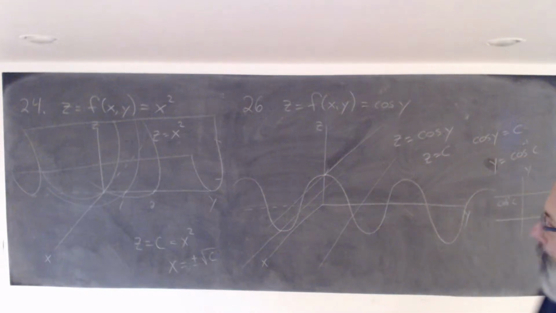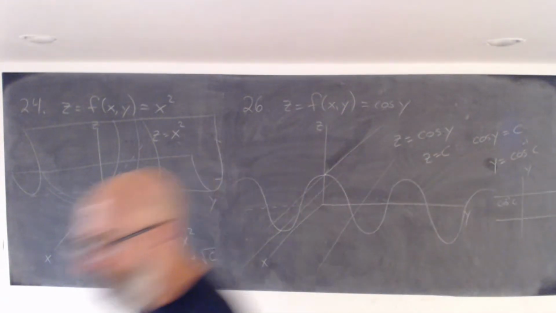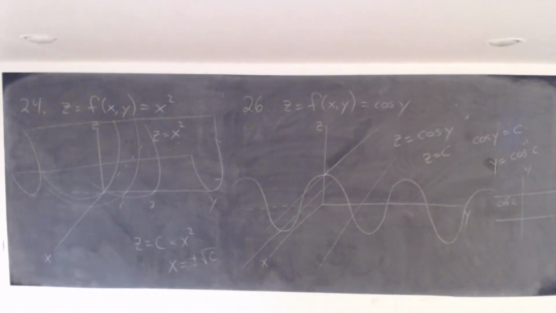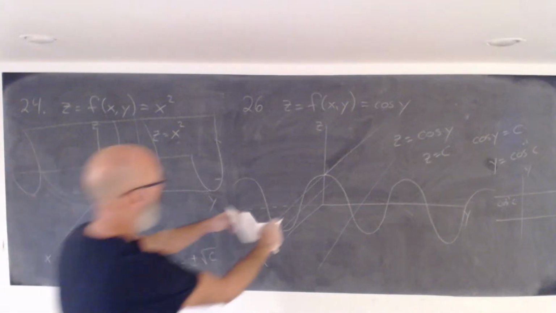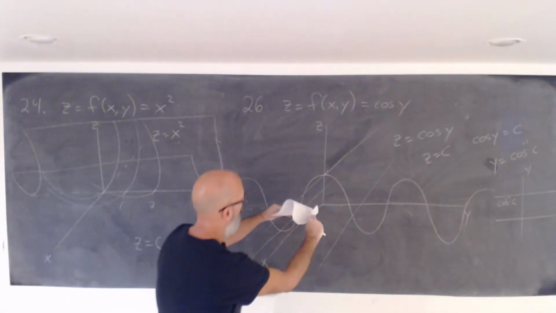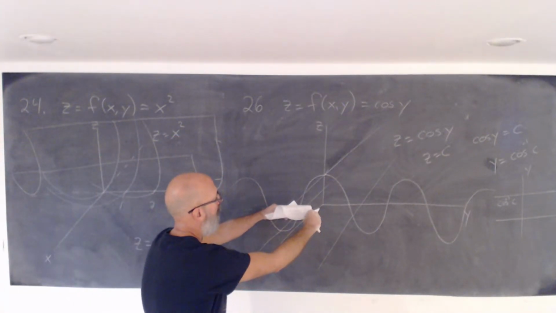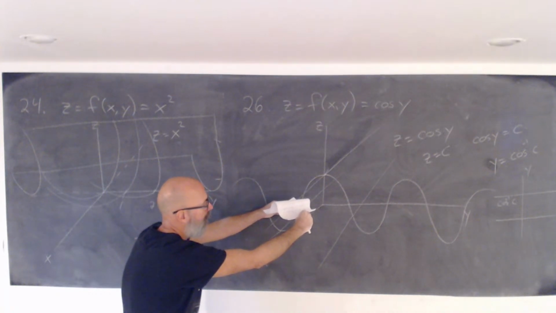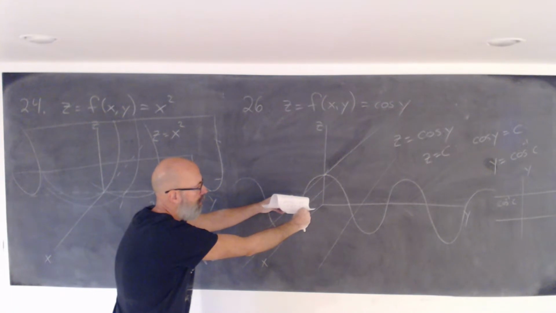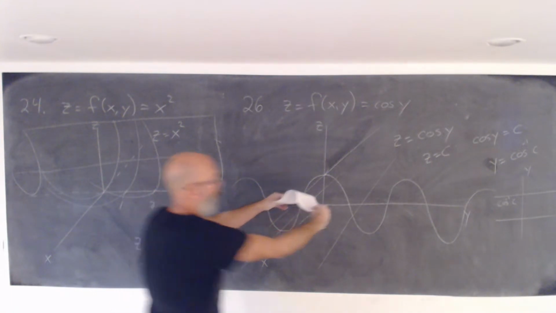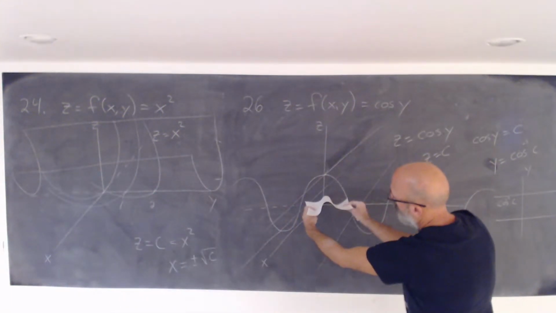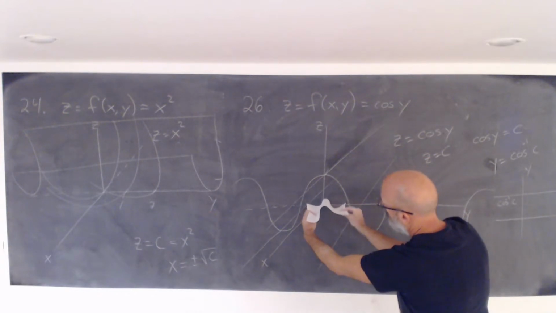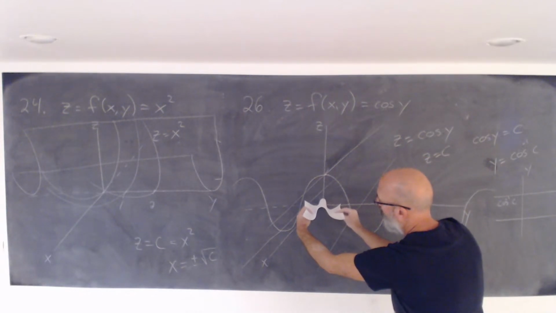I'll just mess that up. But you see the idea, right? So that's what this looks like. It follows the graph of cosine, but coming out towards us, something like this.